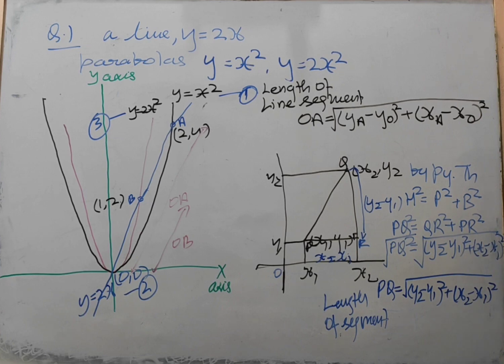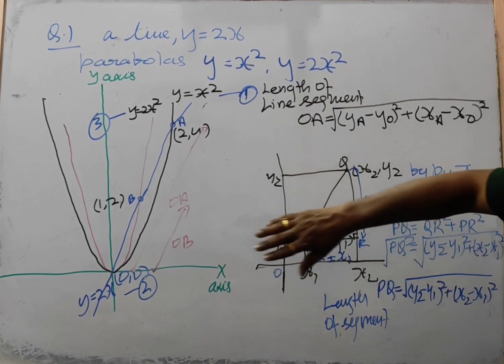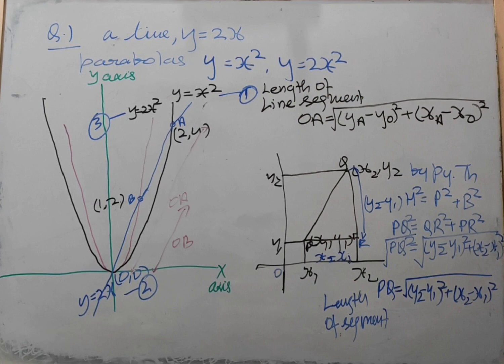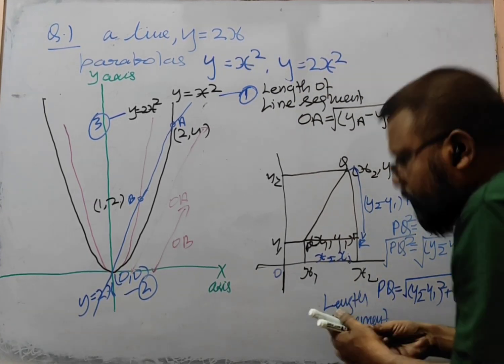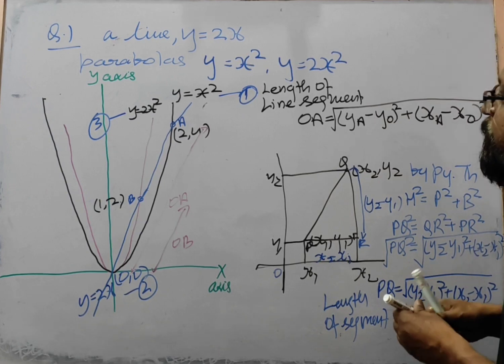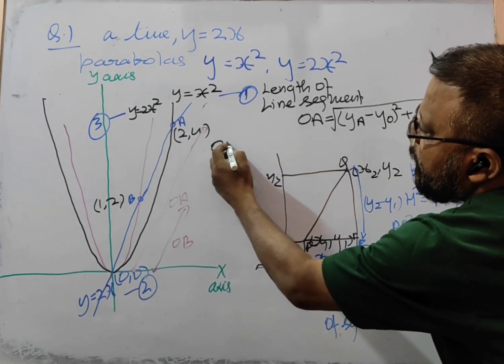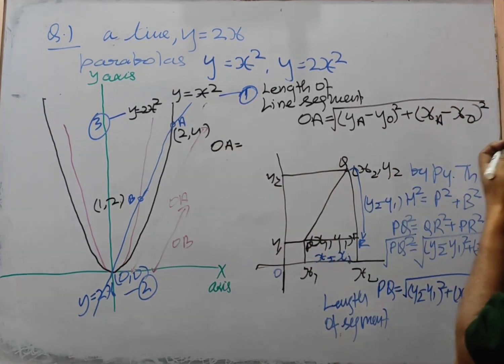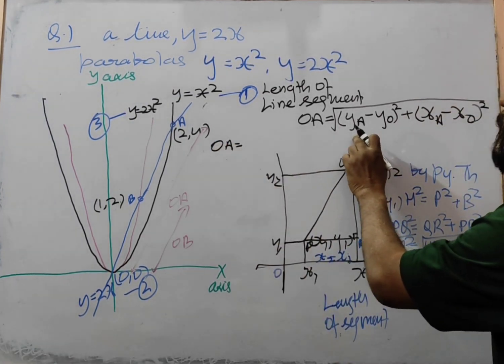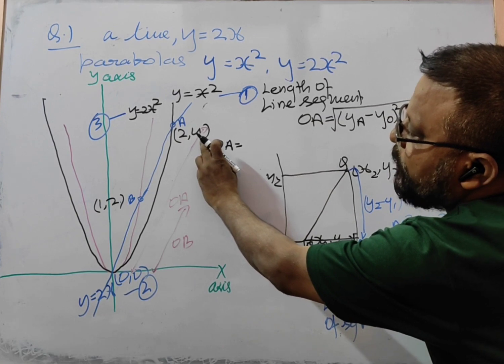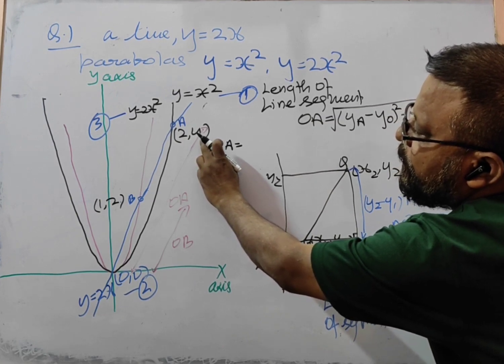That's it. Now we are going to find the length of segment OA, right? So OA is equal to, YA is how much? YA is 4, right?